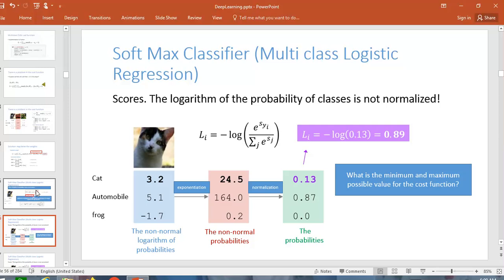Now, what is the benefit of this work? In this way, we can focus on the score or probability of the correct class. We must maximize the probability of the correct class. The maximum probability is 1, and when one of the probabilities is maximized, the rest automatically become 0.